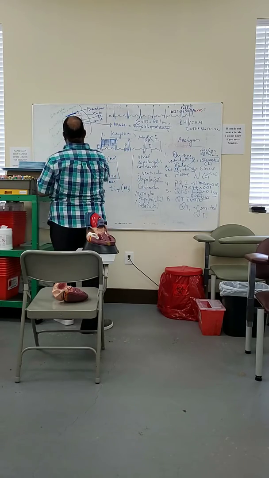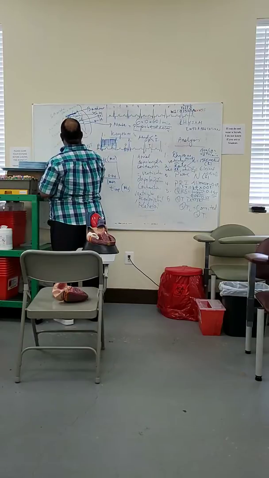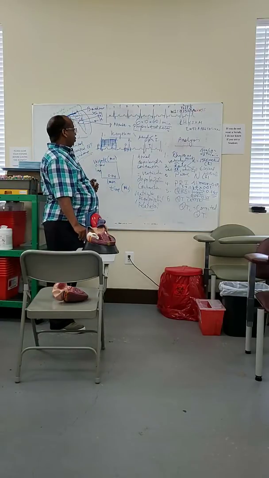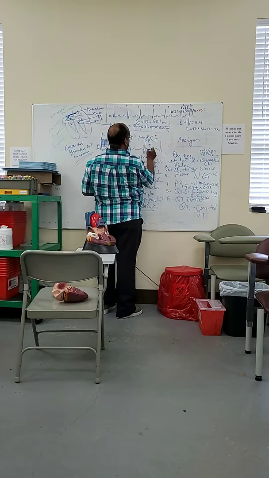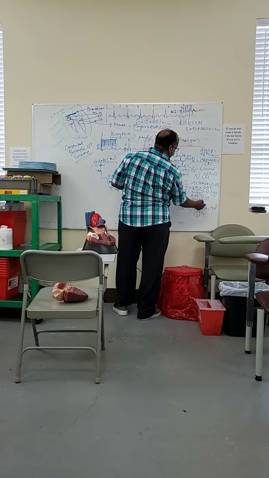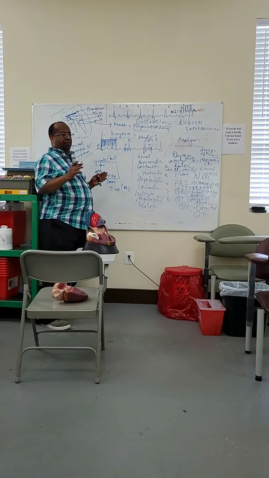Sometimes it's congenital, especially in babies and children. So you count the little boxes between Q and T, and then multiply by 0.04 for the same, okay? Usually that's the longest interval we have.